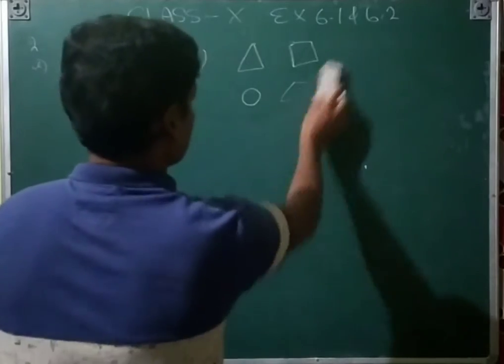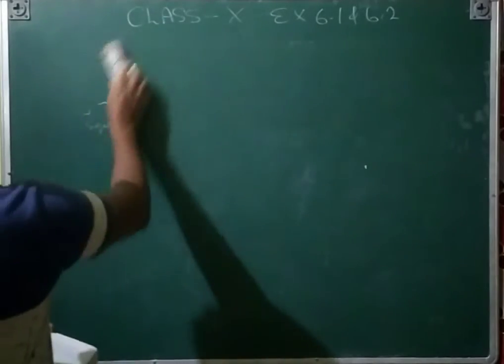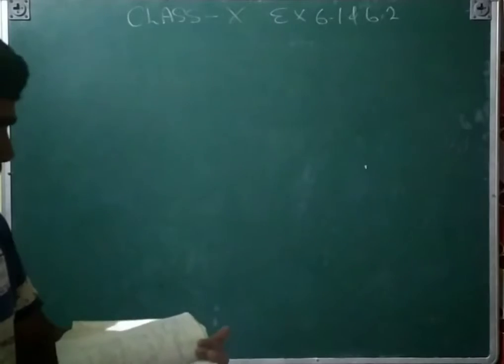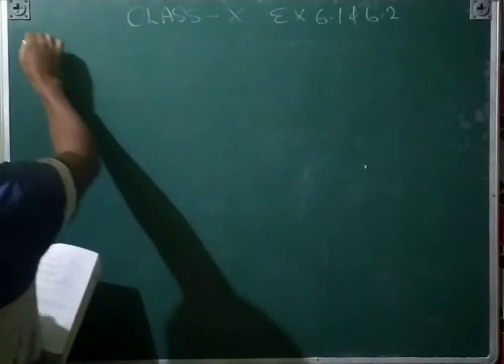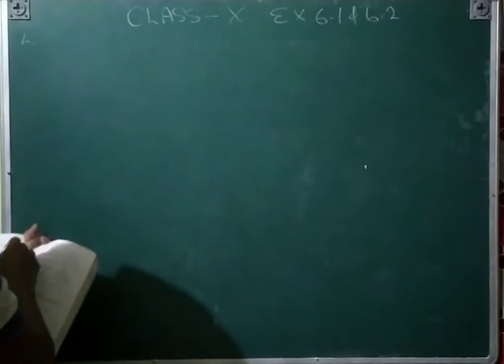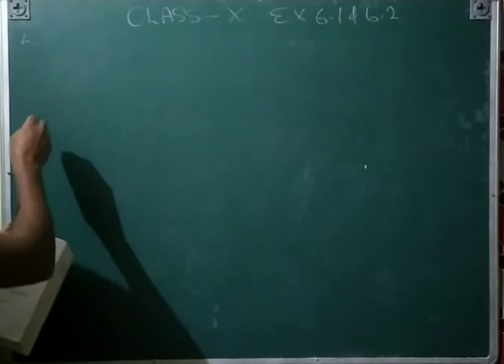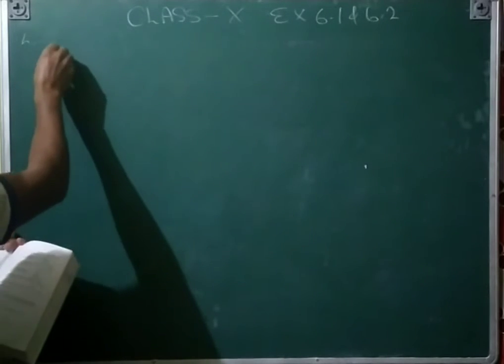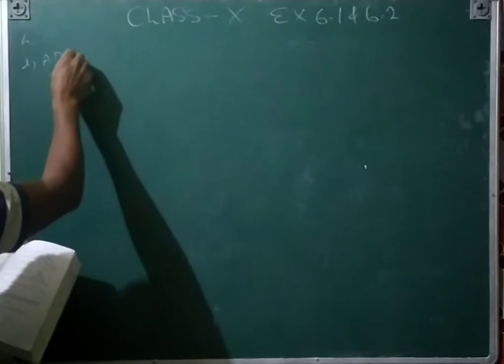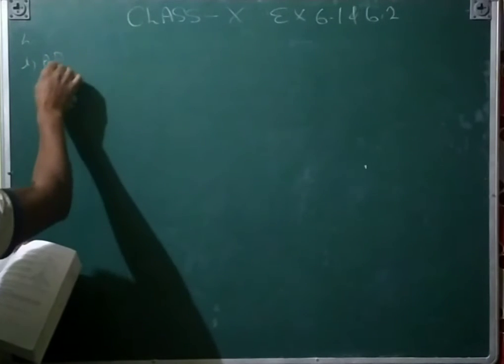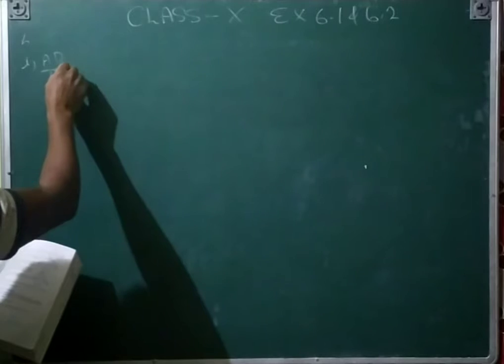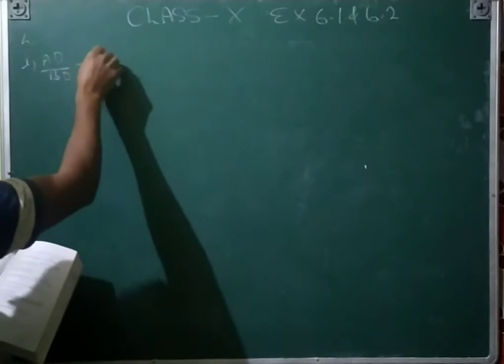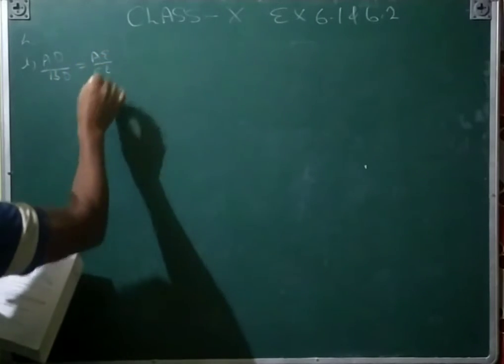And then question number 1, first part. By the BPT theorem, AD upon BD is equal to AE upon CE.